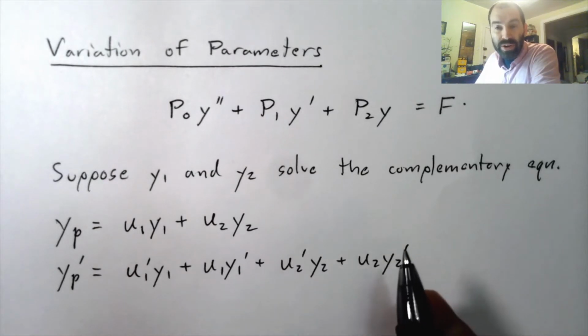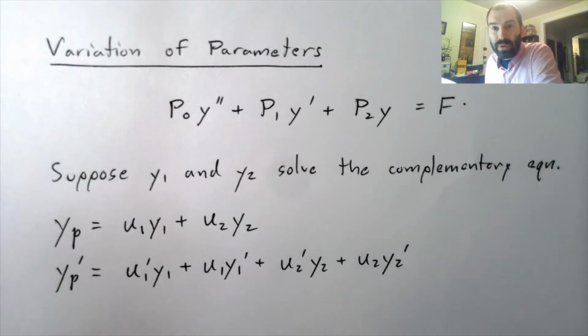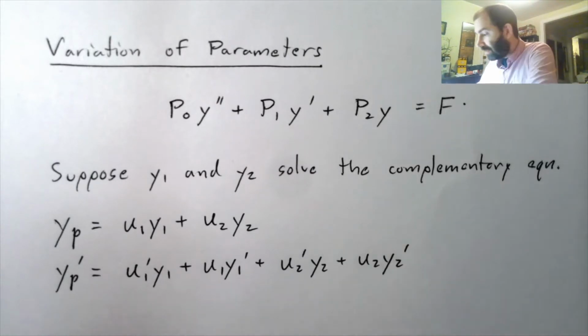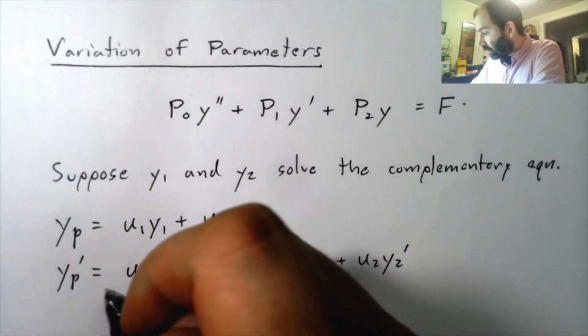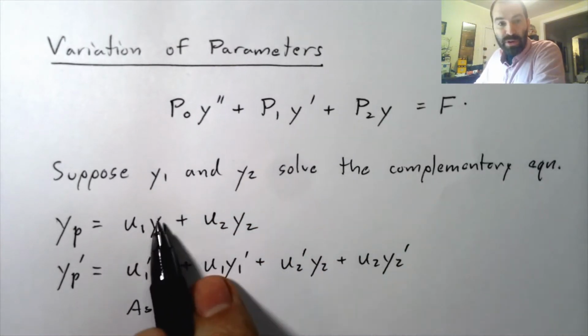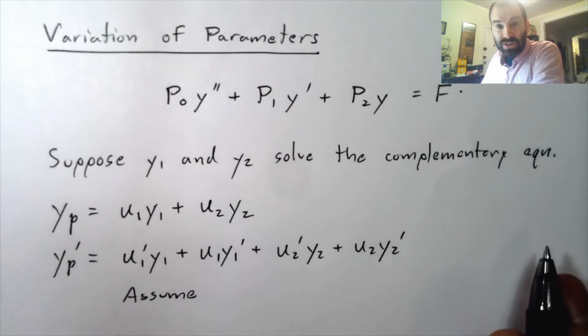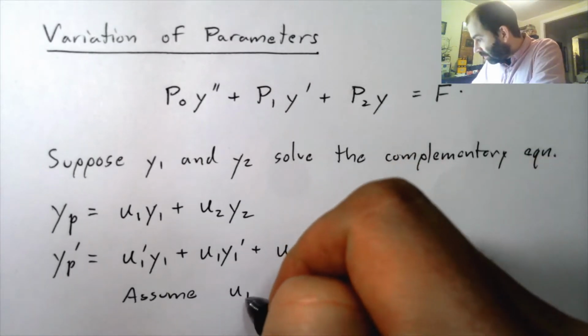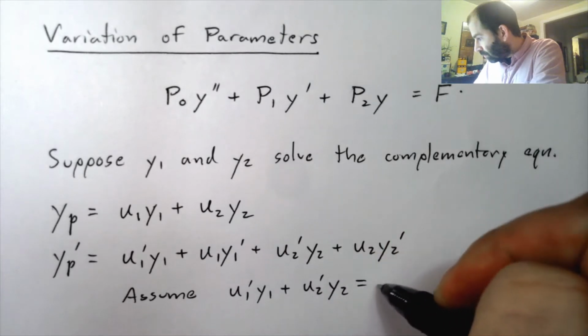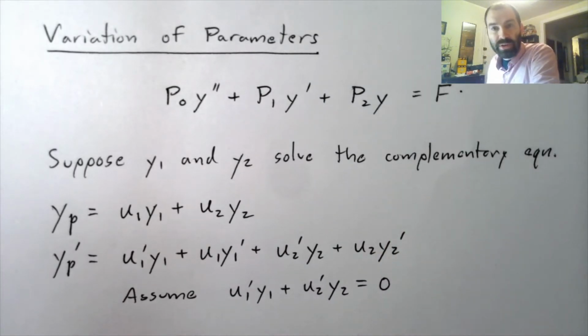Now, it might seem weird to you, like, why can we even get away with this? But it's okay. If we can prove that we can get away with it, then it's fine. So we'll try it and see if it works. So we're going to assume at this point that our functions u1 and u2 are chosen such that this is equal to 0.